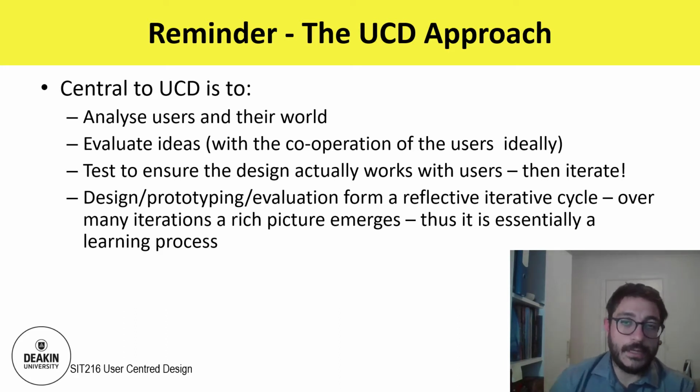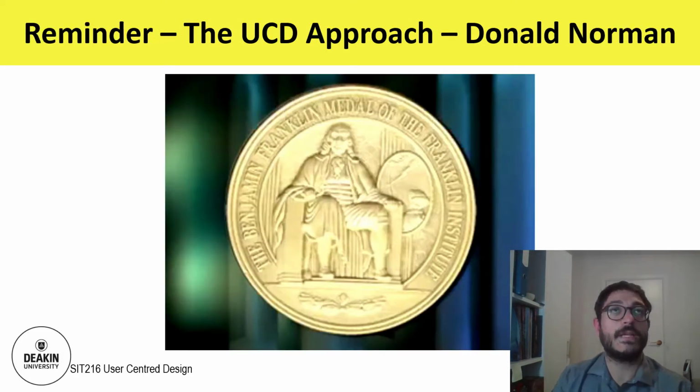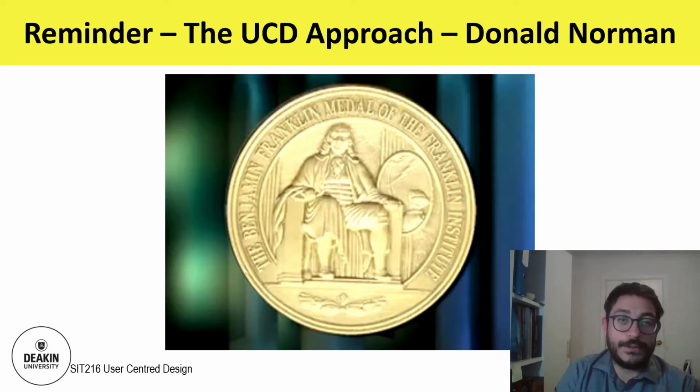What do we mean? That what we start with at the beginning may not be what we end up with at the end. Remember, if you want, you can go and have a look at the work of Donald Norman, who has a number of publications and books and interesting videos about this.